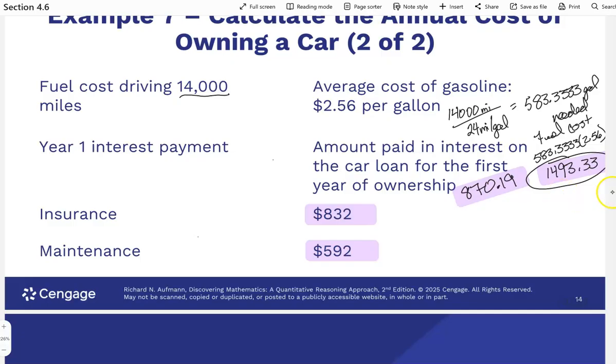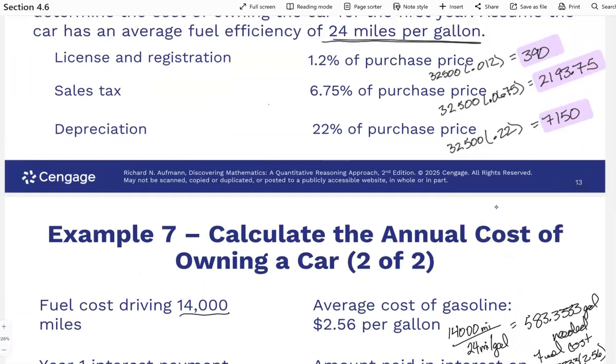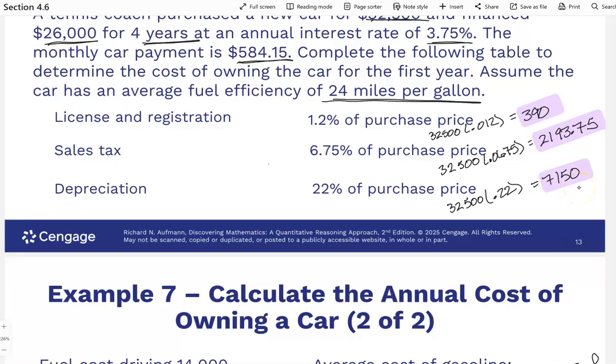So let's add up all those highlighted numbers. So 592, I'm doing backwards, plus 832, plus 870.19, plus 1493.33, plus 7150, plus 2193.75, plus 390.